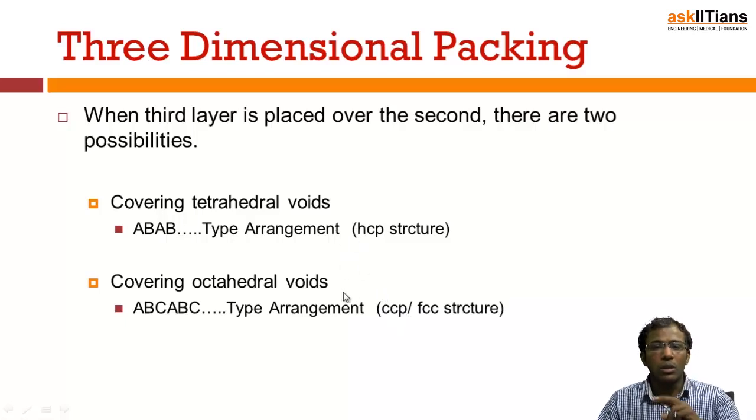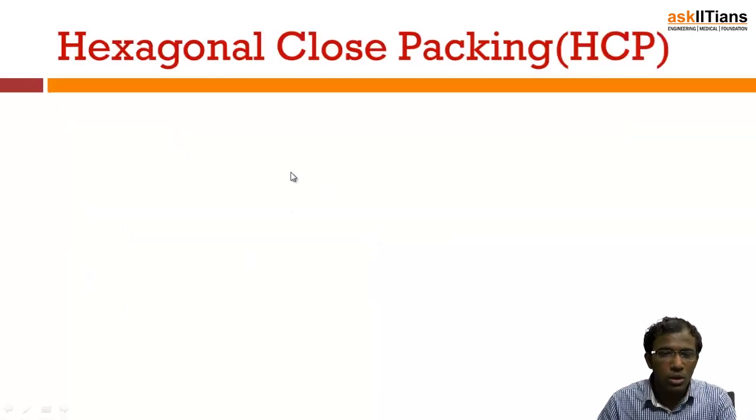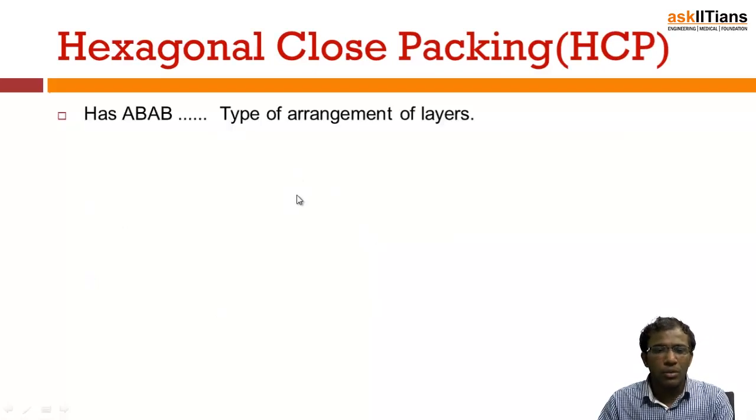So you can put the third layer over the second layer in these two ways, covering the tetrahedral voids as well as the octahedral voids. Let's first see the tetrahedral voids, how we can cover them and how we will get HCP, the hexagonal close packed structure. So hexagonal close packing, HCP, has an AB type of arrangement of layers.